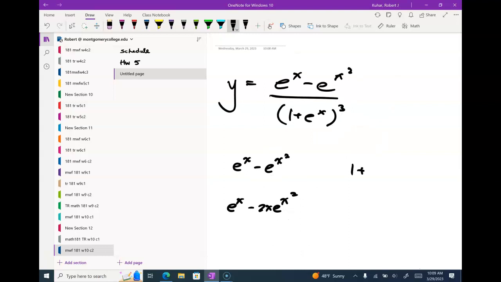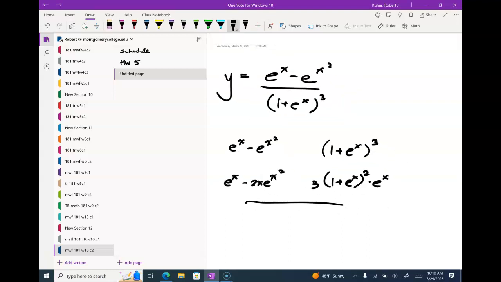Downstairs function, 1 plus e to the x quantity cubed, I need 3 times 1 plus e to the x quantity squared now, times the derivative of the inside, which is just another e to the x, right? Derivative of 1 is 0, derivative of e to the x is e to the x. And then I have to think about that downstairs squared, which is going to be to the 6th power. When I'm raising a power to a power, I multiply the powers, right?